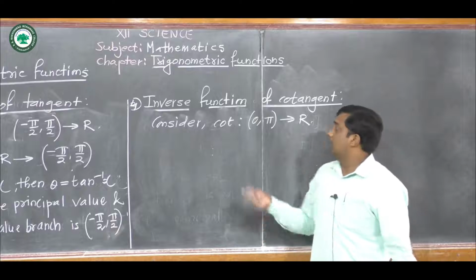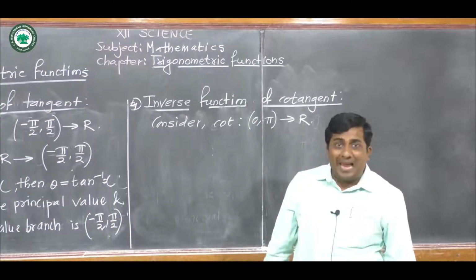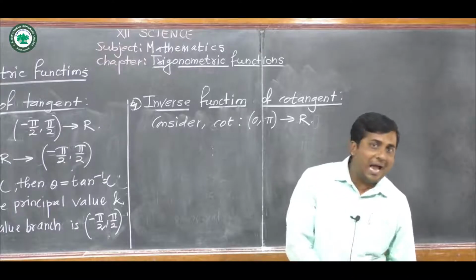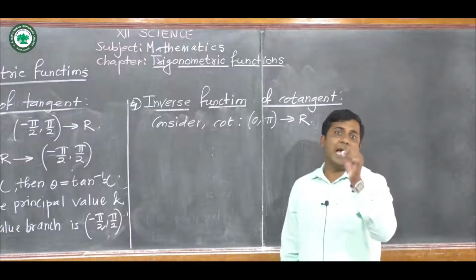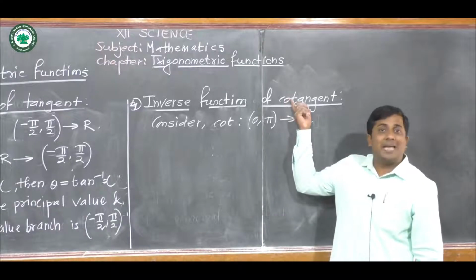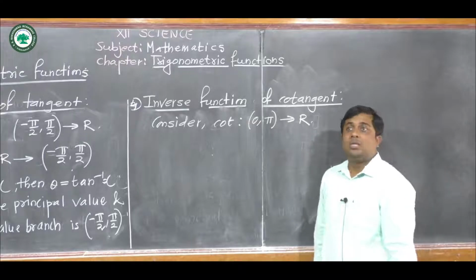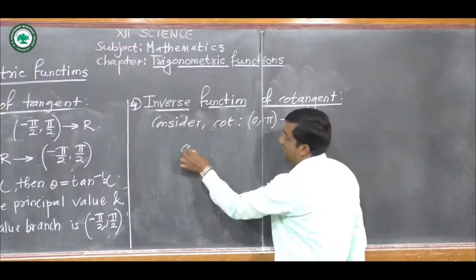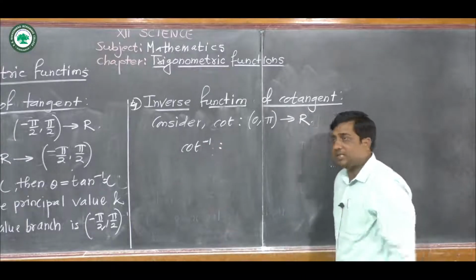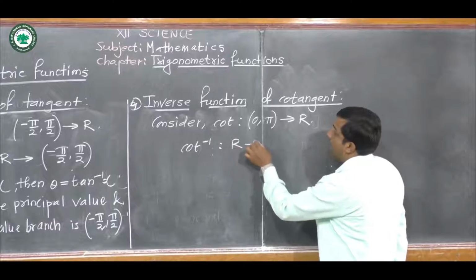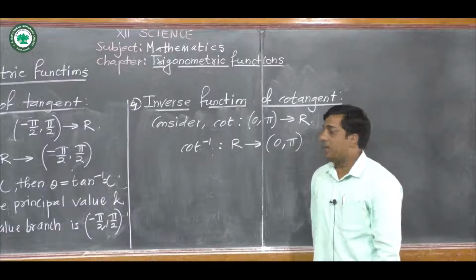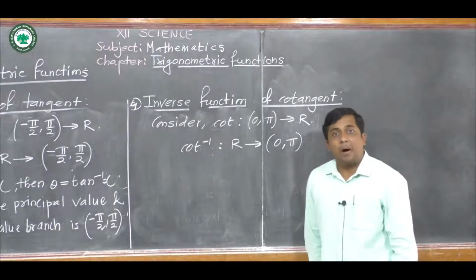Now, by considering the domain and range of the given trigonometric function, we say it is 1-1 and onto. If it is 1-1 and onto, the inverse function of cotangent exists, and we denote it by cot inverse, which is a function from R to the open interval 0 to pi.